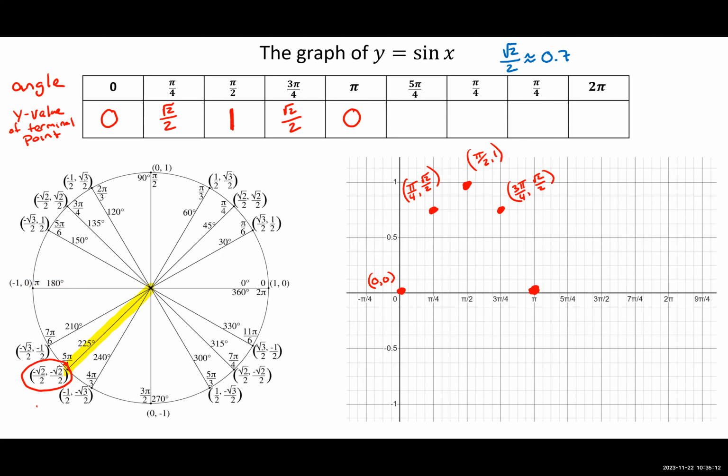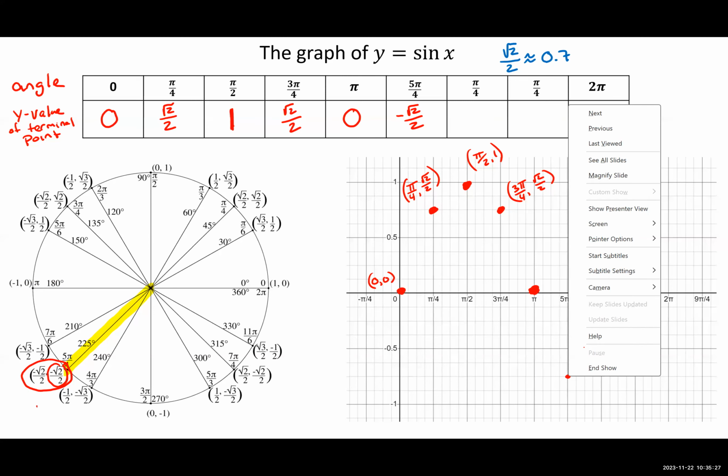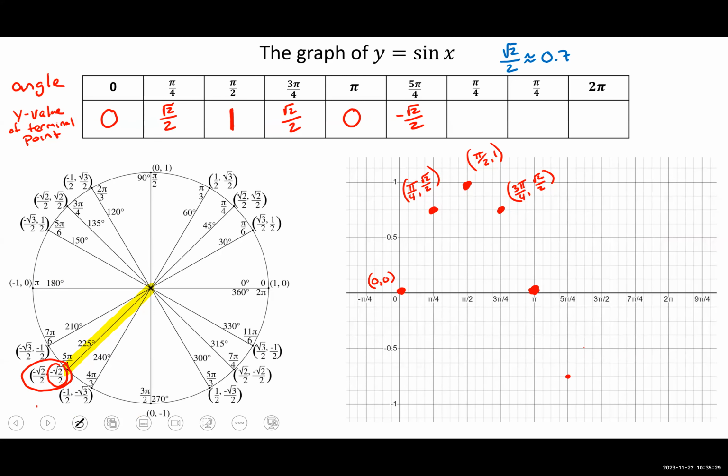The sine of 5 pi over 4 is negative root 2 over 2, which is about negative 0.7. About right there. Not exactly, but it's close.